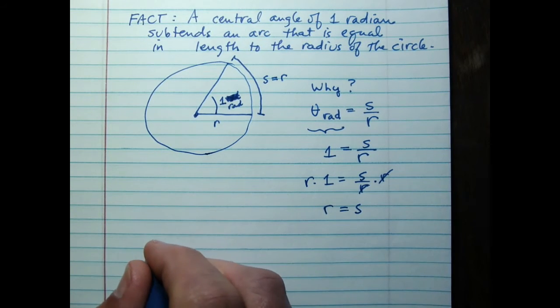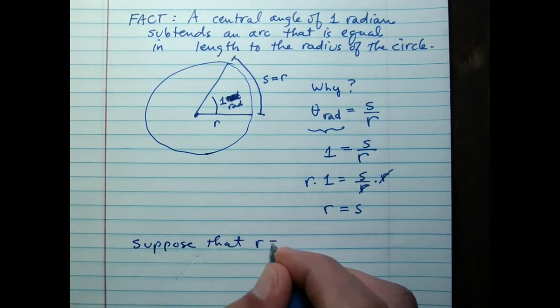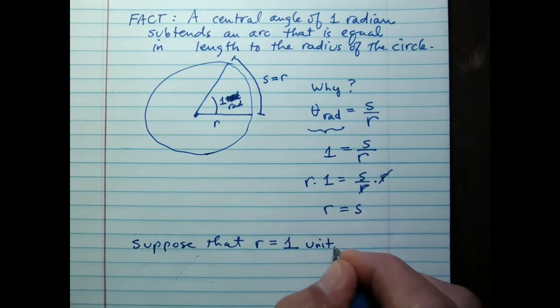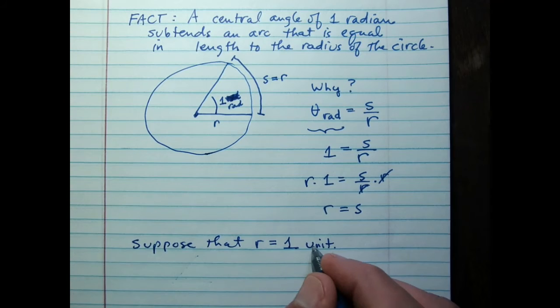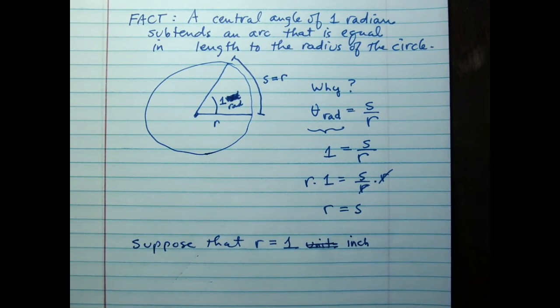Just one last comment. Suppose that r is equal to 1 unit, or 1 inch, 1 foot, whatever, just 1. Let's say inch. Let's give it a life. What's this picture going to look like?